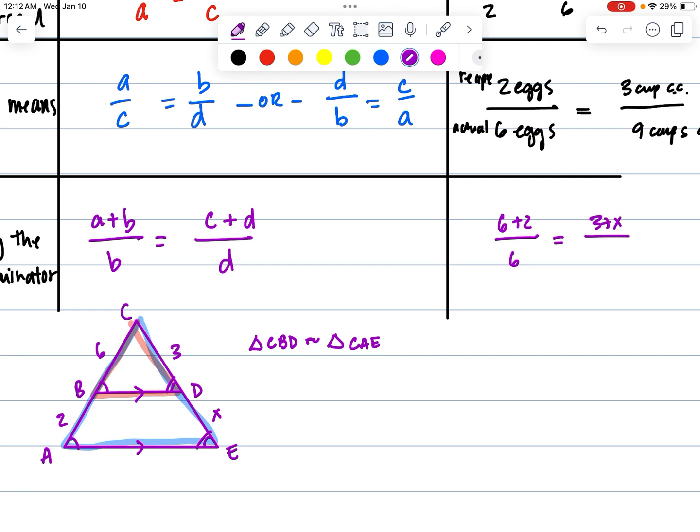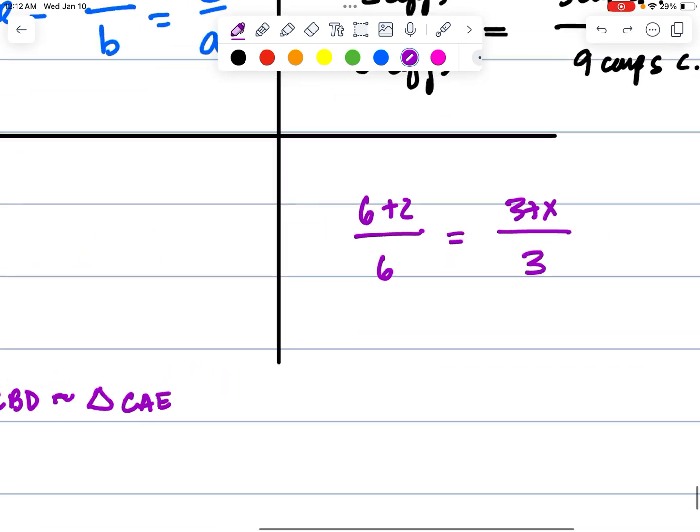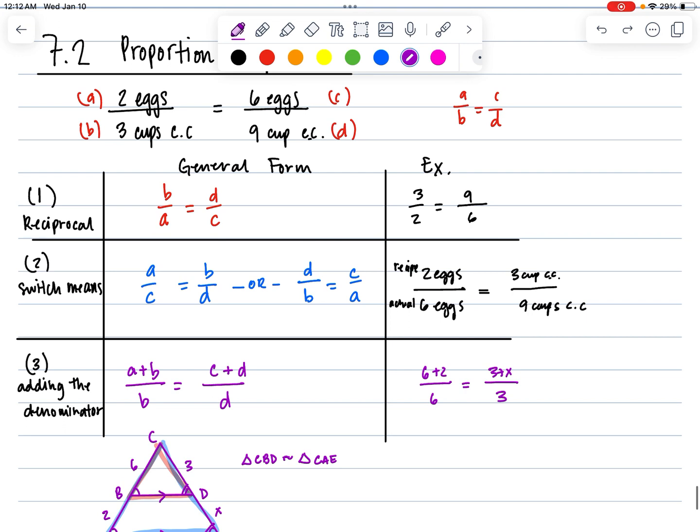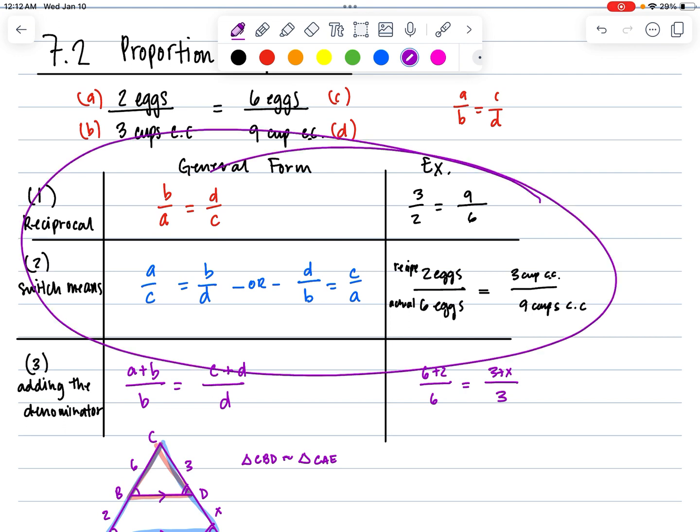And this would be 3 plus x over 3, right? Because we're talking about big to small, big to small. And that's the exact ratio we have here. And then from here, we could actually solve for it. If we do solve for it, we should realize that x will be equal to 1. If you don't believe me, try this out. But ultimately, these are the properties that we need to know.